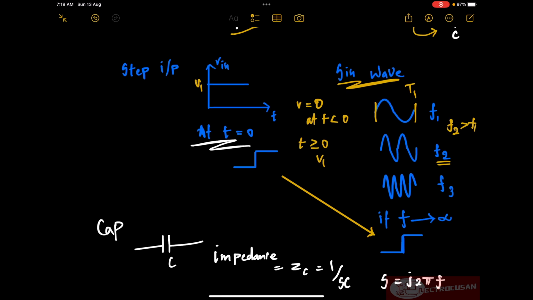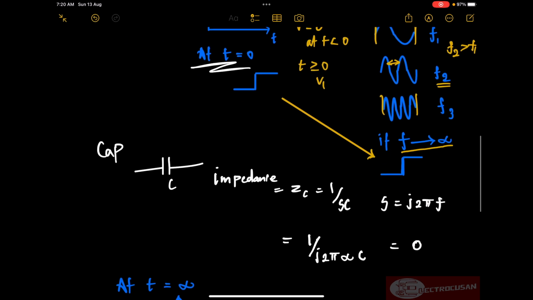As you keep on increasing the frequency of this sine wave, the gap between two ripples gets shorter and shorter, and also the number of sine waves in a single time period keeps on increasing. What if you increase the frequency of the sine wave till it reaches infinity? This becomes a step input.